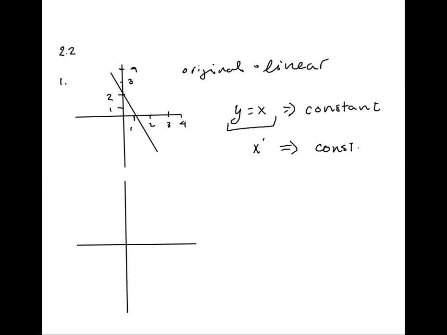Any ideas? -2. Yes. In this case, it will be -2, because the slope of the tangent line to the line is going to be the line itself. There's no way that I could draw a tangent line anywhere on this line where it just wouldn't be the line. So we have a constant number. The slope is always going to be -2.